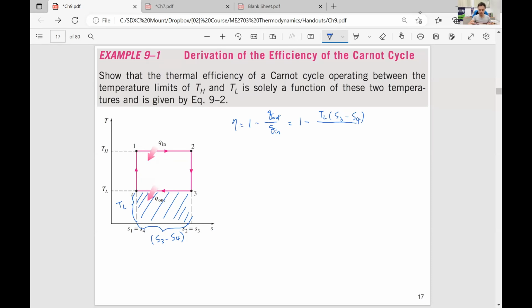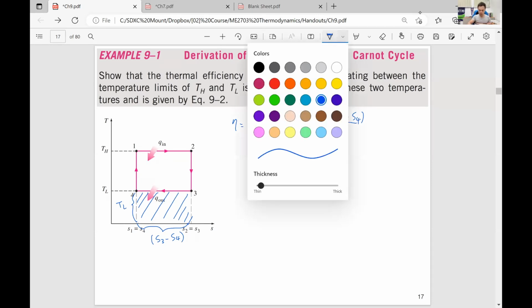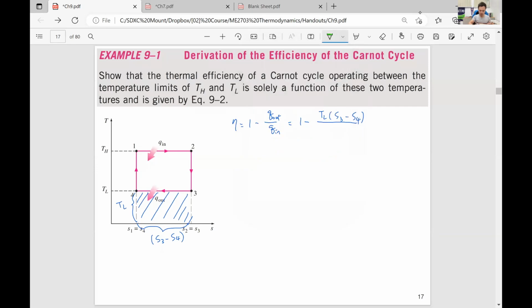Okay, and Q in is this area. So Q in is TH times S2 minus S1. However, S3 is the same as S2 because this process is isentropic.